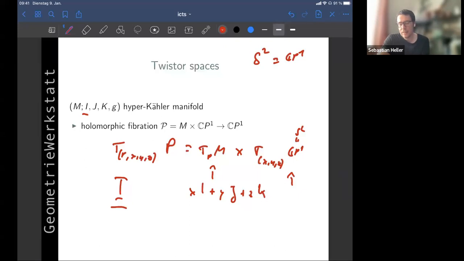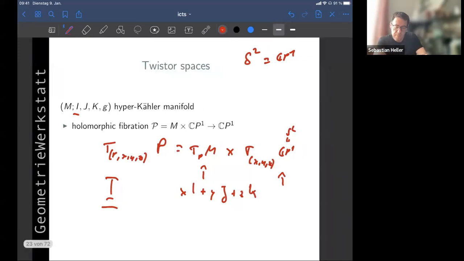And we get a complex manifold P. And we get a holomorphic fibration by forgetting about the base point. So it gives us a holomorphic fibration over CP1.